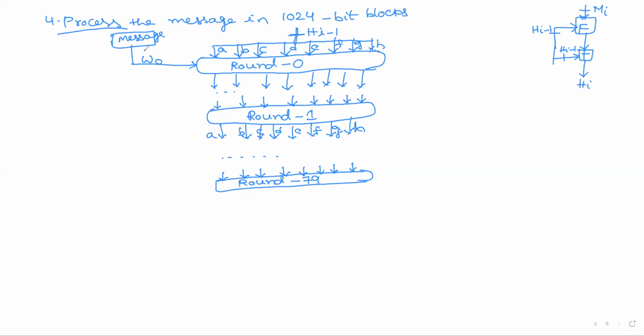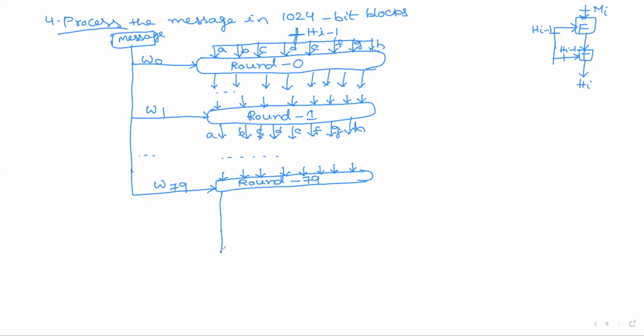Then we need to give another input for every round, that is the keyword. For round 1, word 1, like this, and for round 79, the keyword which is represented as W79 is another input. After round 79, the actual round number is round 80. All these rounds are in F only.